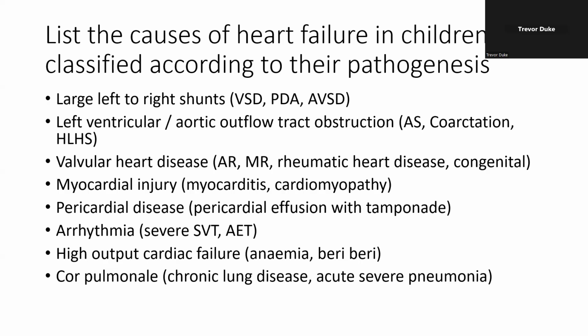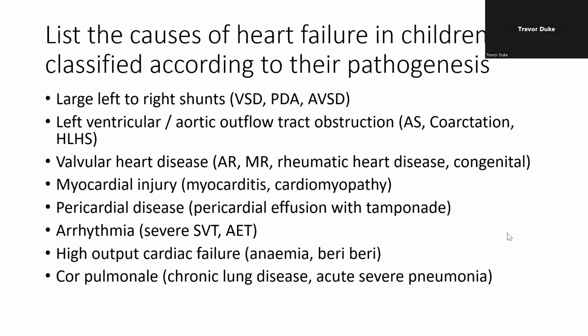So that's what happens when you've got cor pulmonale. We think of cor pulmonale in adults who've got emphysema, but you can see cor pulmonale in any child who's got severe chronic lung disease with pulmonary hypertension, with right ventricular dilatation and heart failure, leading to reduced left ventricular output because of a distortion of the septum and so on.